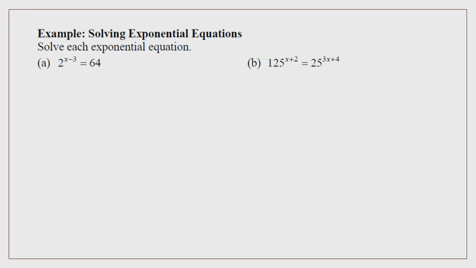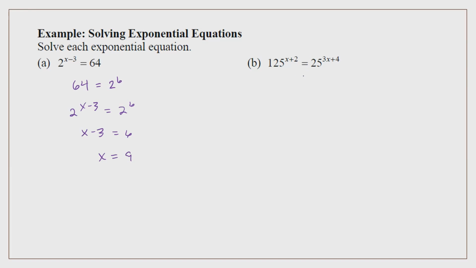Can I make one look like the other? Well, I can. 64 is the same thing as 2 to the 6th power. So if I rewrite 64 as 2 to the 6th power, I now have 2 to the power x minus 3 equals 2 to the 6th power. I have the same base, so according to my property, I can now set their exponents equal to each other. And then that allows me to solve for x, which is 9. Okay.